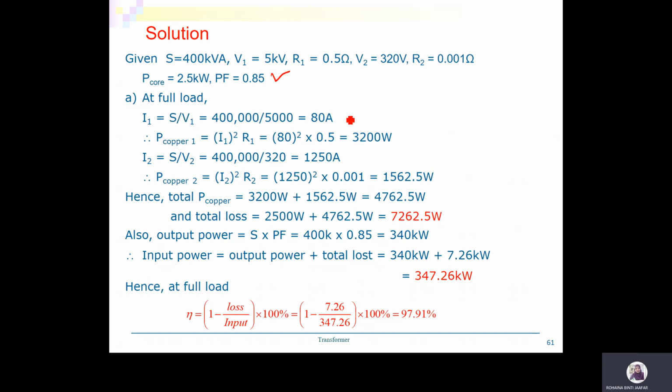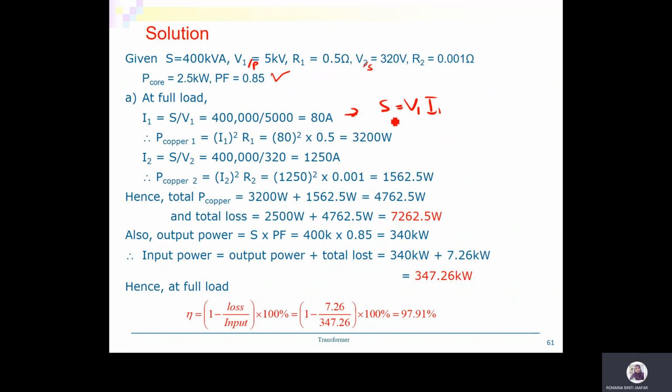This is actually from the formula S equals V primary I primary, so S primary equals V1 I1. This can be written as primary, or secondary.